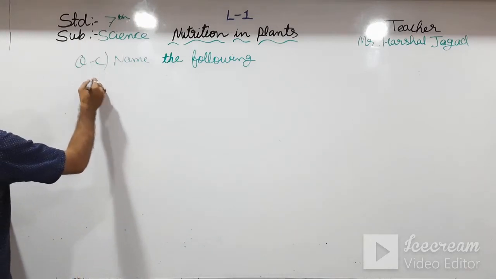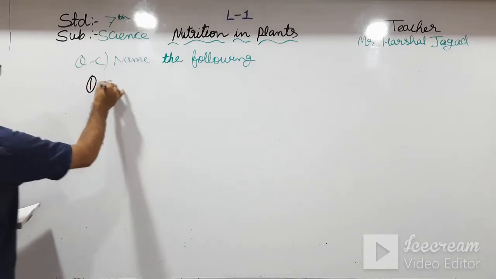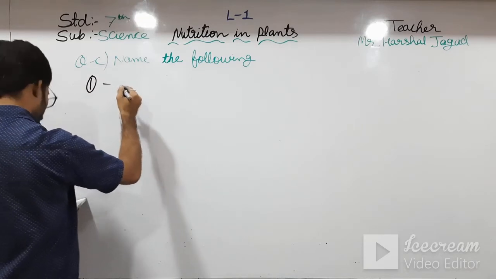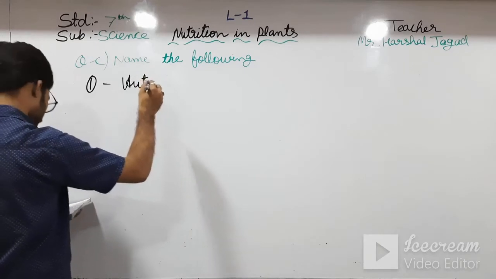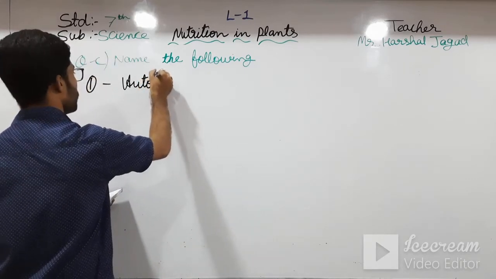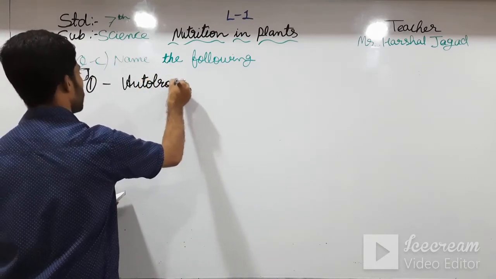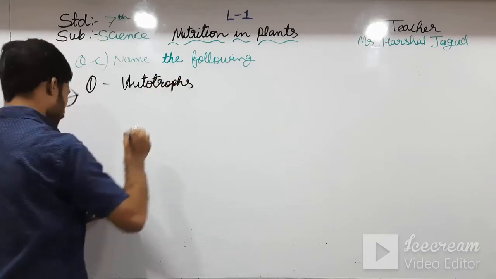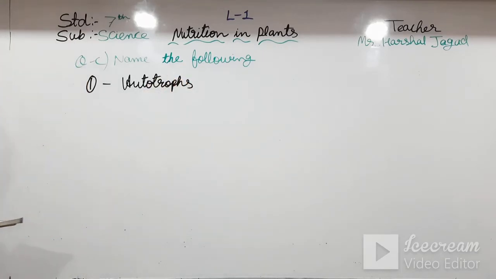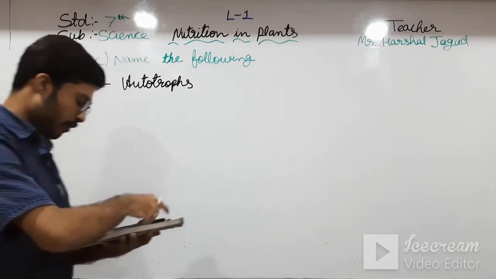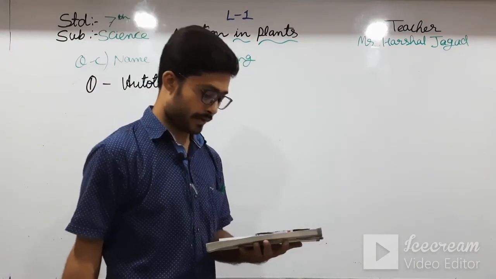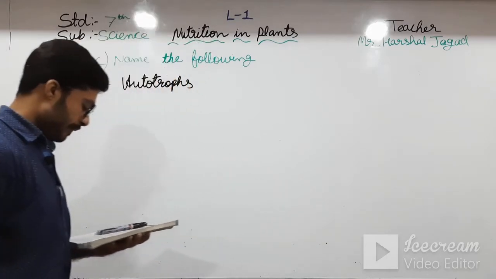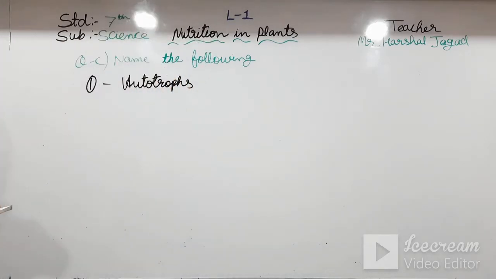Okay students, they are known as autotrophs. So the first answer is autotrophs. Second one: plants that obtain nutrition from decaying organic matter. They are saprophytic plants.